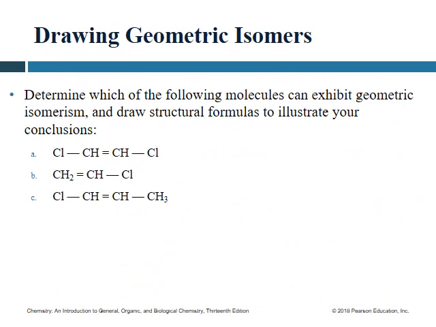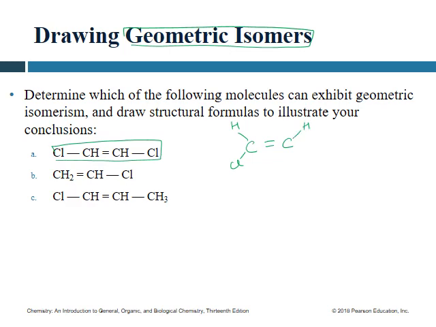So let's try to solve some problems on these geometrical isomers of alkenes. Let's try to solve the first one. So I can write CH, you have C, you have H, you have Cl, you have a double bond, you have C, you have H, you have Cl.